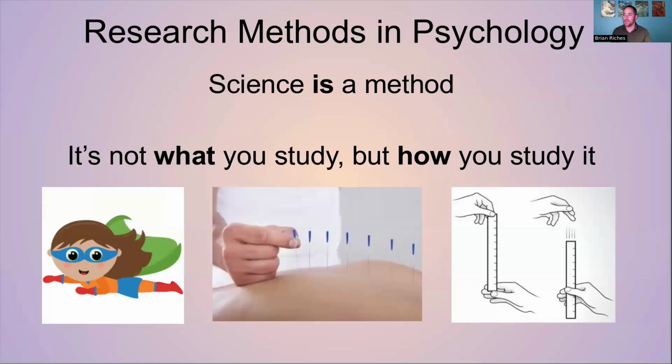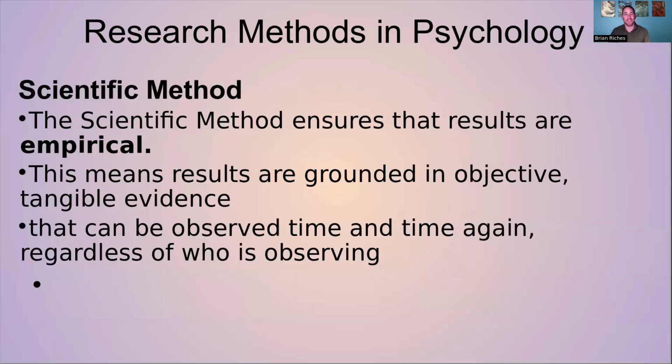So let's jump into our discussion of the scientific method. The main thing about the scientific method is that it makes sure that our results are empirical, or another way to say that is that there's some objective, tangible evidence behind them. So it's grounded in some sort of reality.